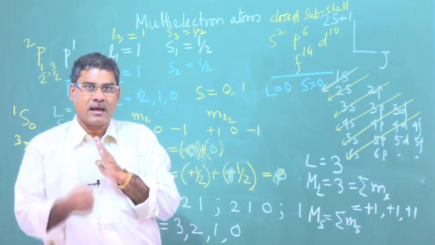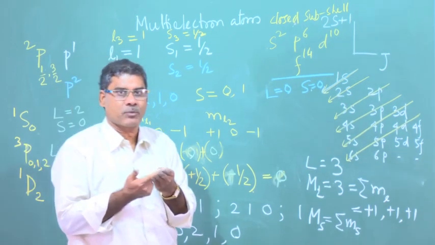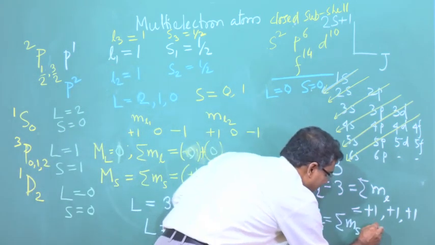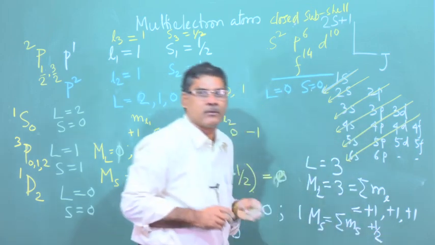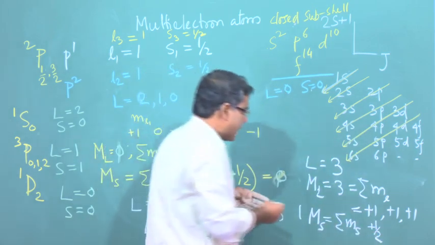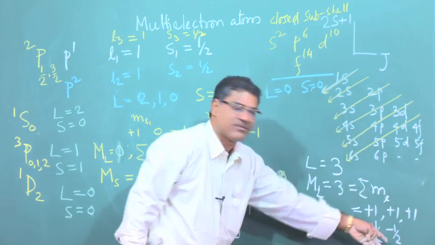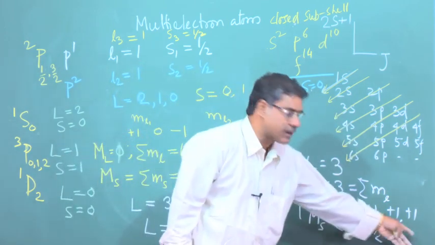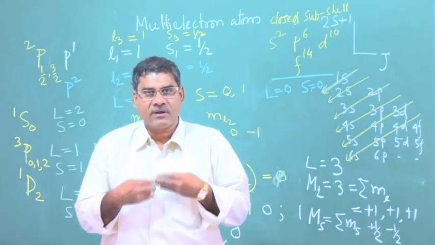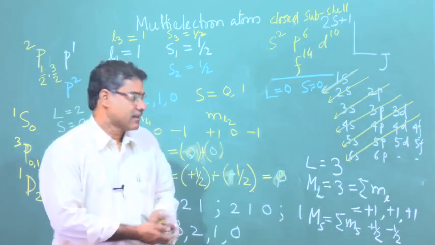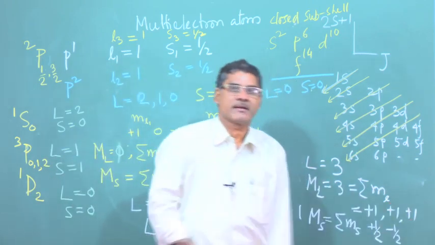Small MS has only 2 choices, plus half and minus half. Now, for 3 electrons I have to give MS values. One I can give plus half, another I can give minus half. They are different, fine, but what about the third one? Either I have to give plus half or minus half, and then 2 of them will be identical.